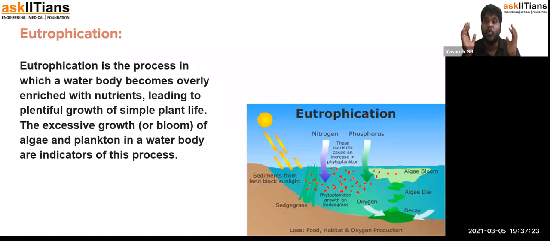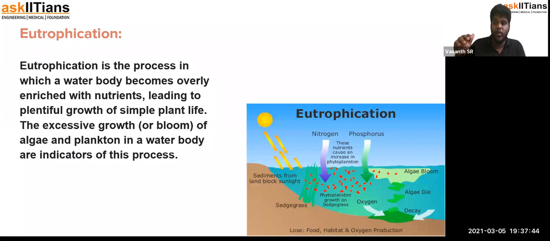Why? Because when there is an abundance of organic nutrients, it is obvious that the organic material is going to provide more nourishment for the plants to grow. As a result, there will be a covering of algal bloom.